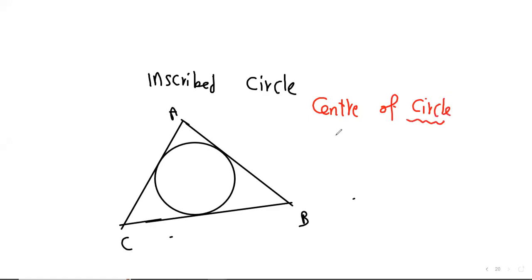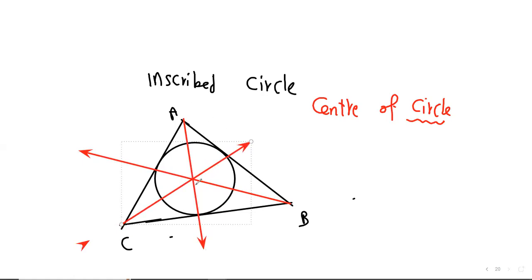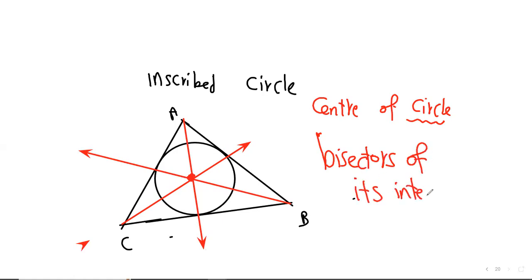So if we bisect this angle, and this angle, and this angle, they will meet at a point, and this point is the center of the circle. So the center of the circle is the point of intersection of the bisectors of its interior angles.